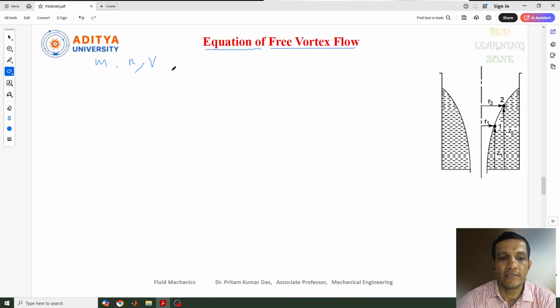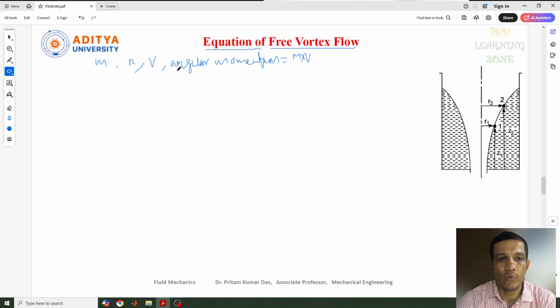So we can write the angular velocity, or we can say the tangential velocity, is taken. Next we can calculate the angular velocity omega, and now we can find out the angular momentum. We can write the angular momentum equal to mass into velocity.